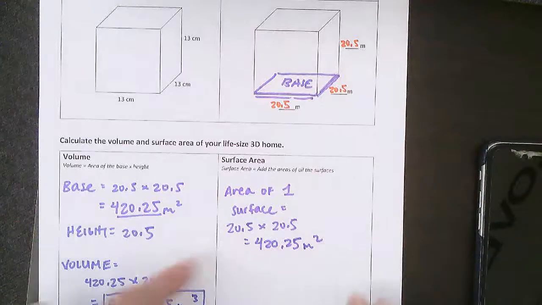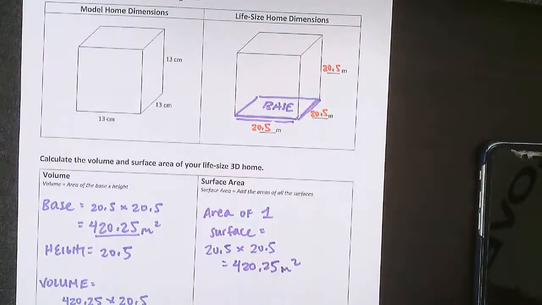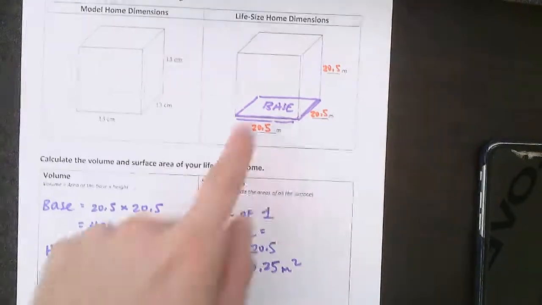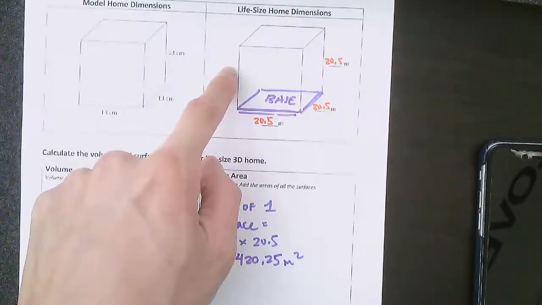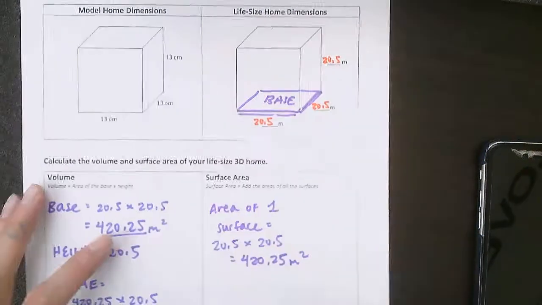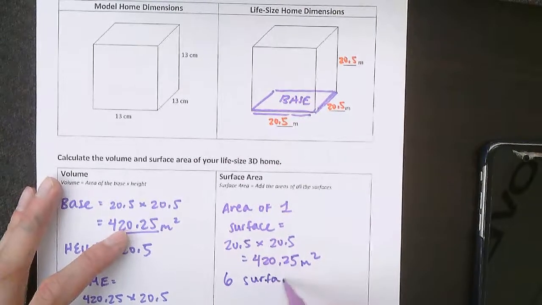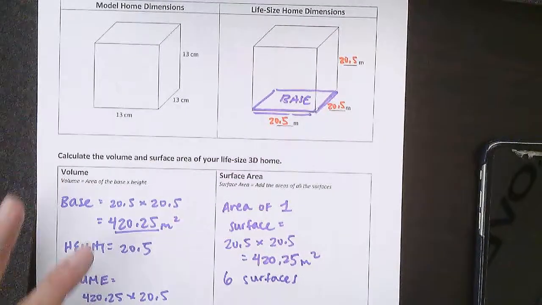Then I think to myself, how many surfaces are there in this 3D home? It's as if you have a cube, and on that cube are all the surfaces. So I have the front, the back, the left, the right, the top, and the bottom. So altogether there are 6 surfaces on this cube.